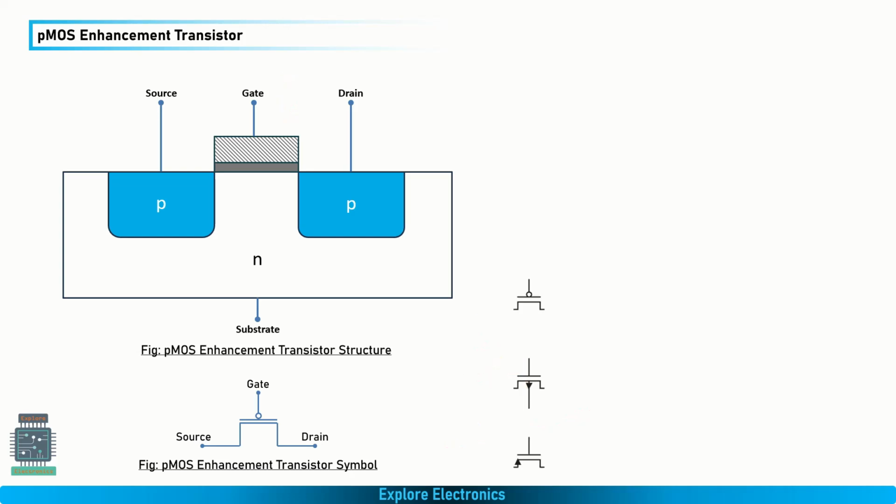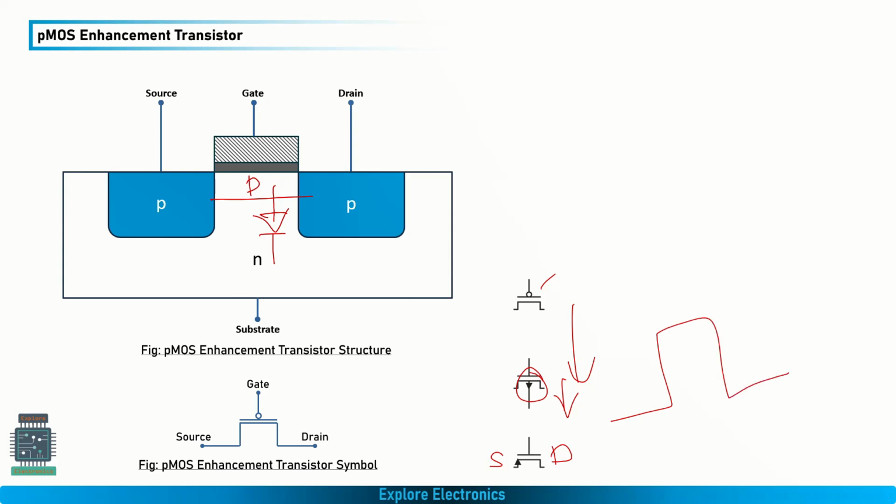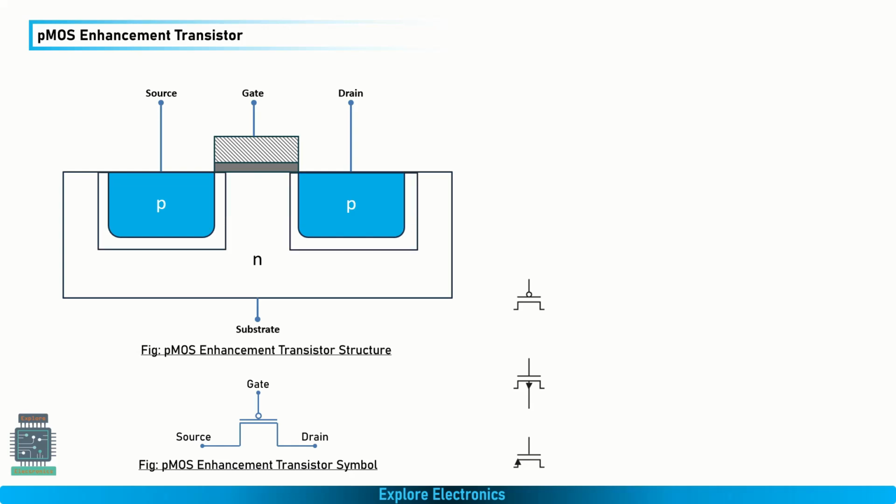Similar to the enhancement mode N transistor symbols, this bubble indicates P type, and there is also an arrow mark pointing downwards. It means the channel will be of P type and the PN junction will be in this direction, right? That's why the arrow mark is downwards. If you take this as source and drain, the current will flow from source to drain here. It is not IDS, it is ISD. That is about a pMOS enhancement type transistor.